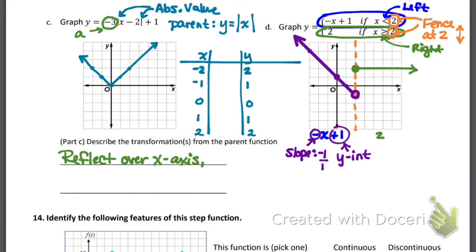What will that whole number 3 part do to it? Stretch or compress? Stretch. This is going to vertically stretch it by 3. If I'm talking about vertical things, does that affect x or y? Y. I'm going to take my A and multiply it to my y's.